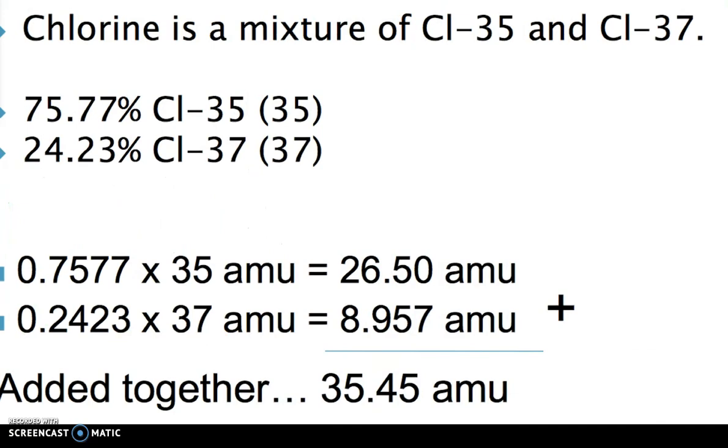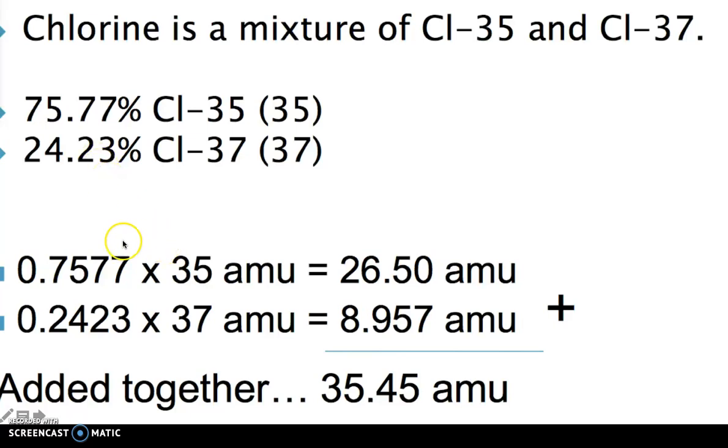This is where the abundance of an element comes in. Chlorine appears in nature as chlorine 35 and 37, and we'll talk about that hyphen notation in a second. This number afterwards is its mass number. Chlorine 35 appears 75.77% of the time, and 37 appears 24.23% of the time.